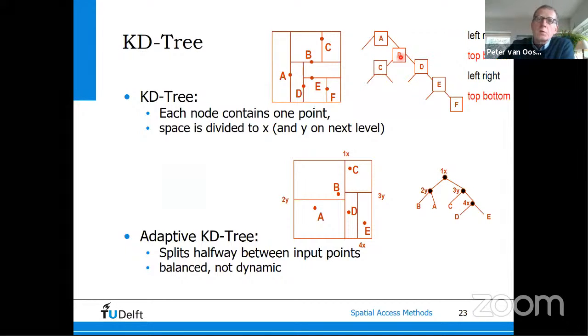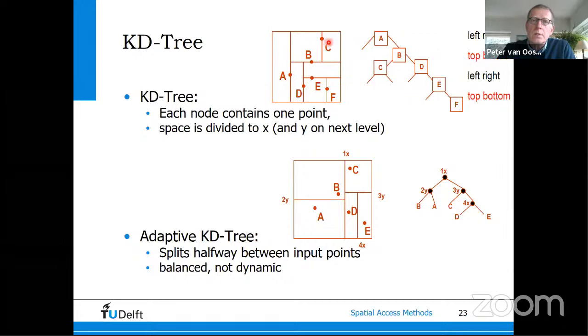The point B is inserted, and it splits this subspace into 2 parts. A bottom part and a top part. Bottom part here and a top part here.